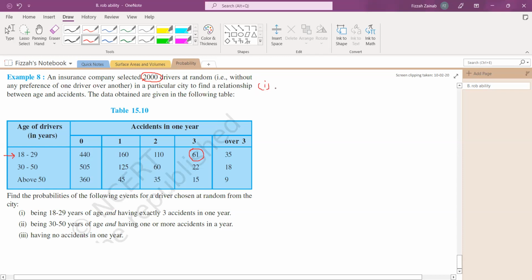So first of all, you have to mention the total number of drivers. So you write number of drivers. You cannot directly write; first of all, write a sentence and then don't do it directly. So number of drivers in the age group 18 to 29 and having exactly 3 accidents.